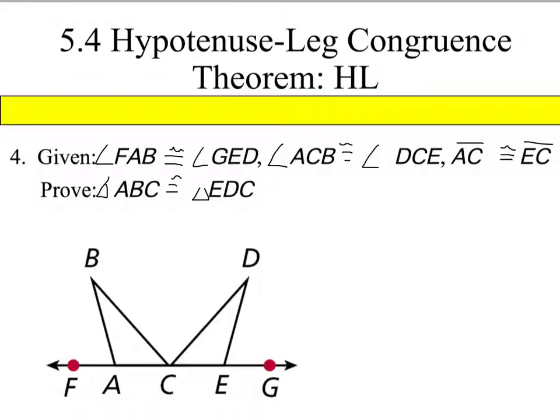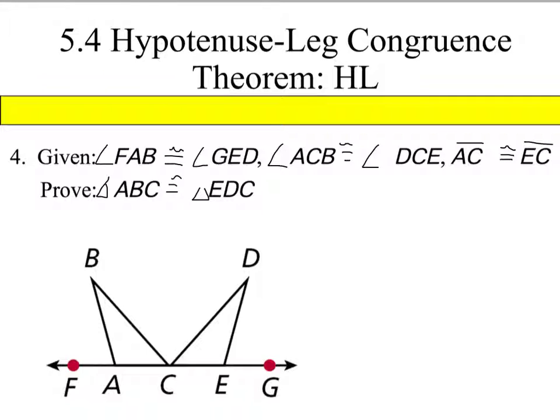Another thing you should do is, when you draw this and you're given the information, put that given information into the drawing. That'll help you visualize it as you go through your two-column proof. All right, so give this one a shot. Go get it.